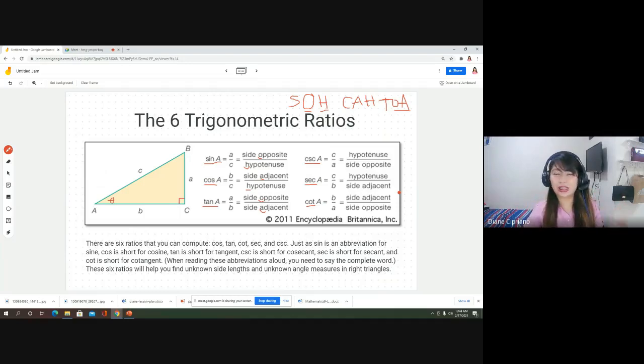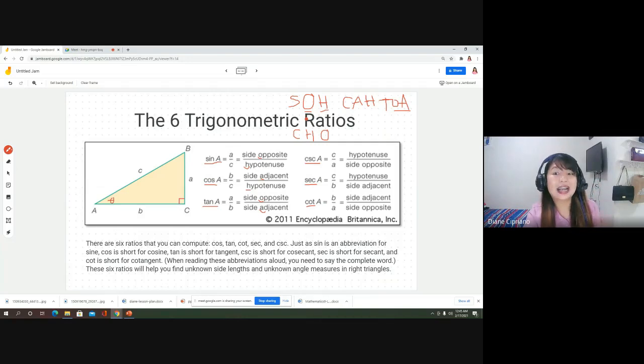So as easy as if you are looking for sine and its reciprocal is cosecant, and sine is equal to opposite over hypotenuse, therefore cosecant is equal to hypotenuse over opposite. So the short term is just the word kabaliktaran in Tagalog.